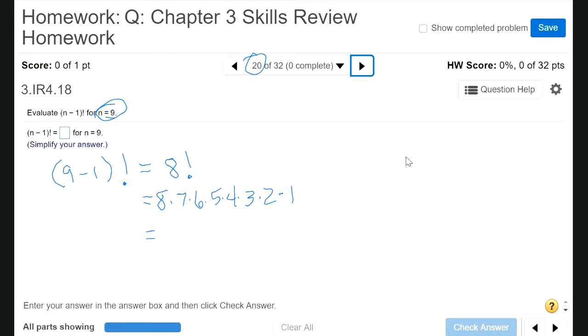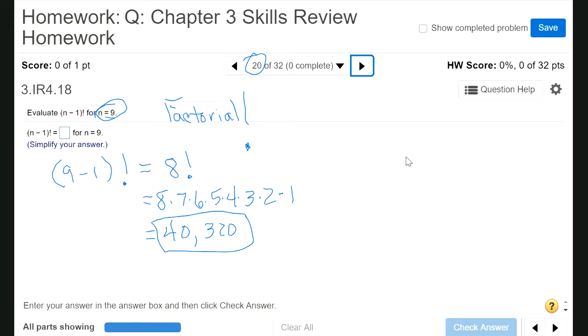Very good, Cecil. Good job. So factorials are pretty easy. You guys just have to remember what that symbol means. We're going to have some factorials in some of our formulas in this chapter.